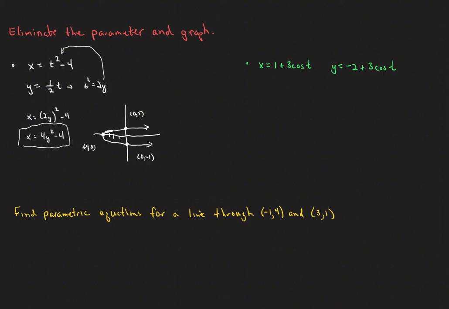In the second one, the green one here, we're going to subtract the 1 and then divide by 3 to solve for cosine of t. And similarly, we'll add 2 and then divide by the 3.